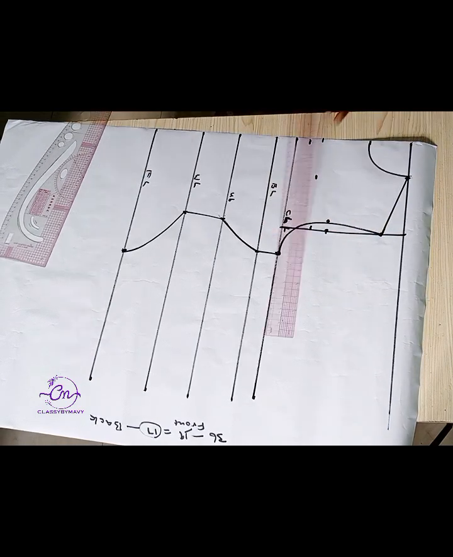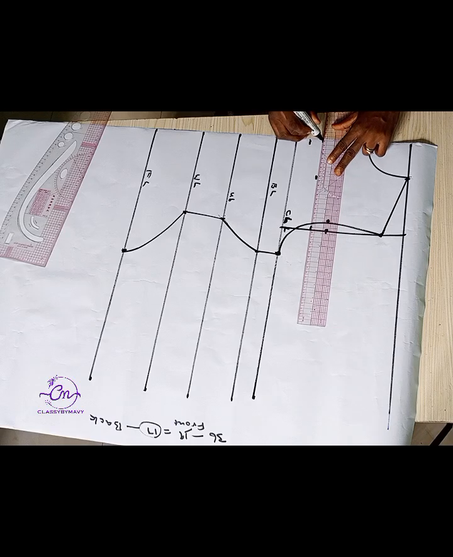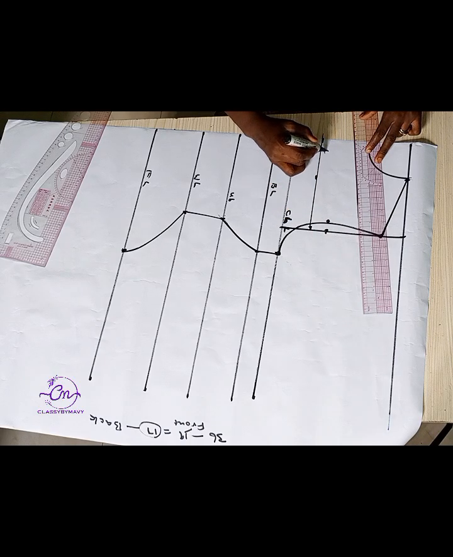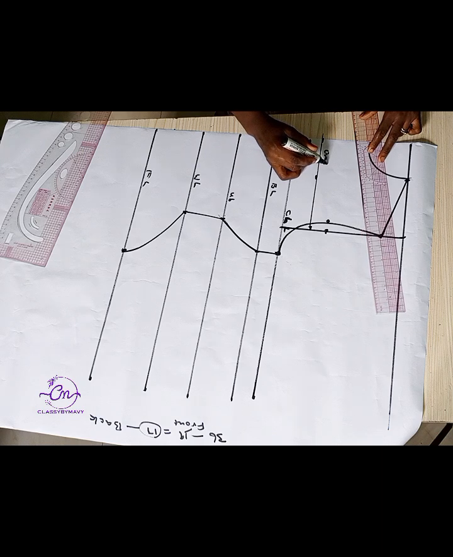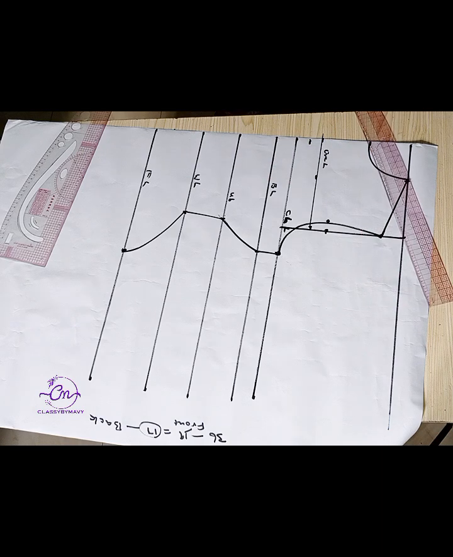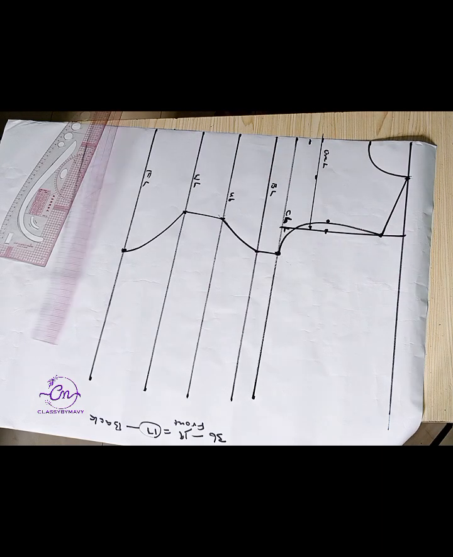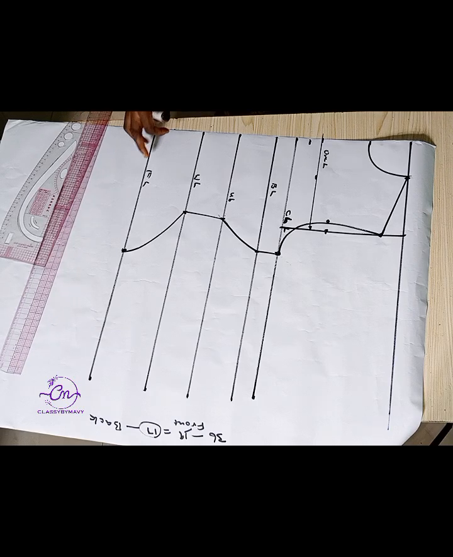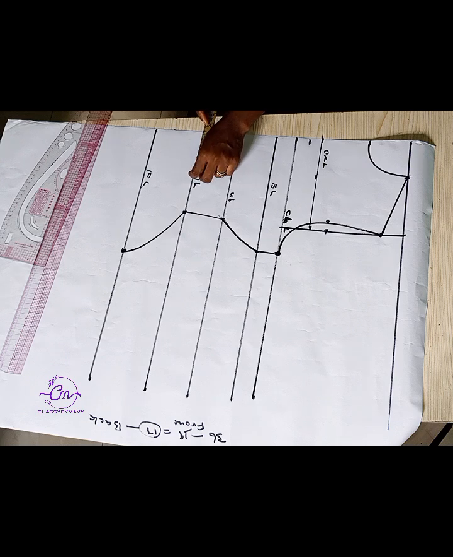Now I will link. This one is the overbust line, right? Okay, so I haven't gotten our overbust line. The next thing is to insert our bust span. My bust span is 6.5. So on the waistline, I am marking 6.5 divided by 2, which is 3 1/4.